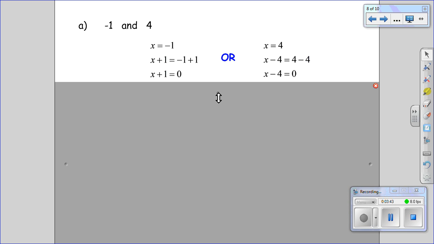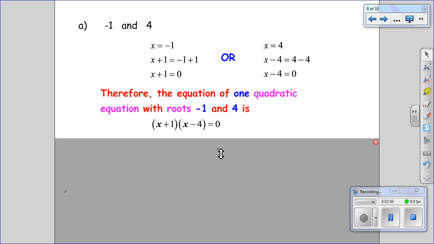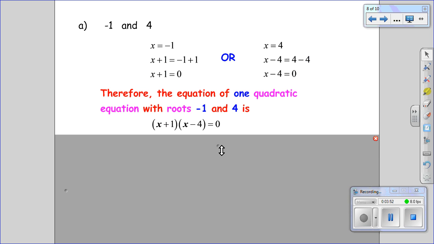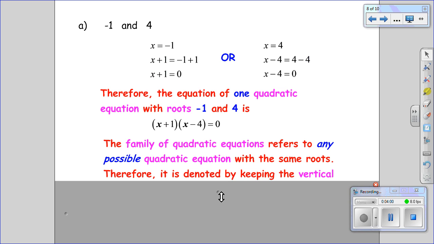And if this is a quadratic equation, it would have the factors x plus 1 and x minus 4. So one quadratic equation would be x plus 1 times x minus 4 equals 0. Now it asks for a family of quadratic equations. Well, that's a little bit different because that's any possible solution. There's an infinite number of quadratic equations that would have those roots.